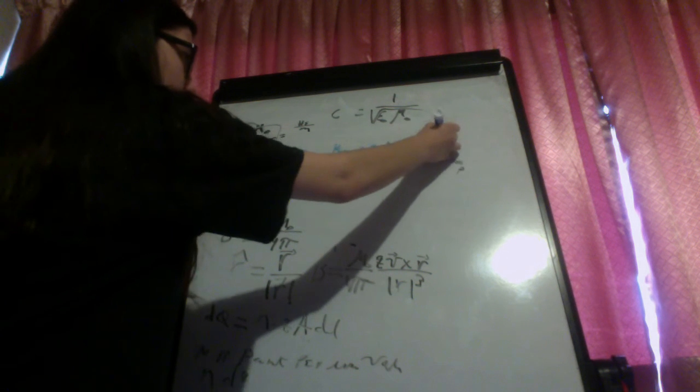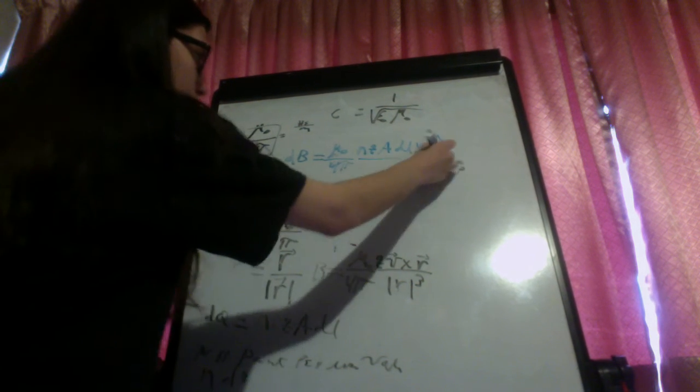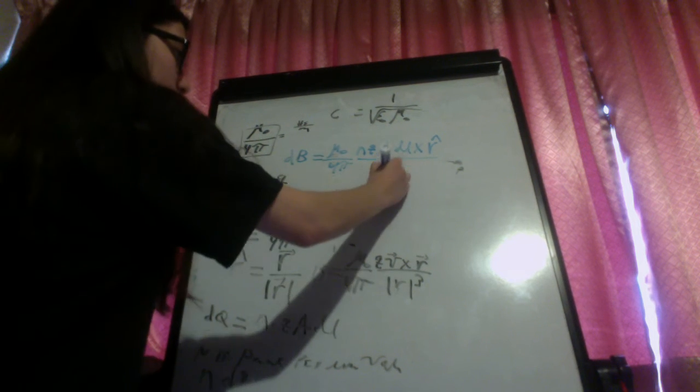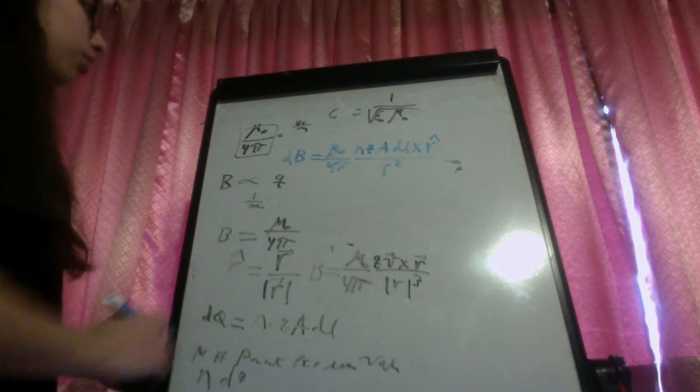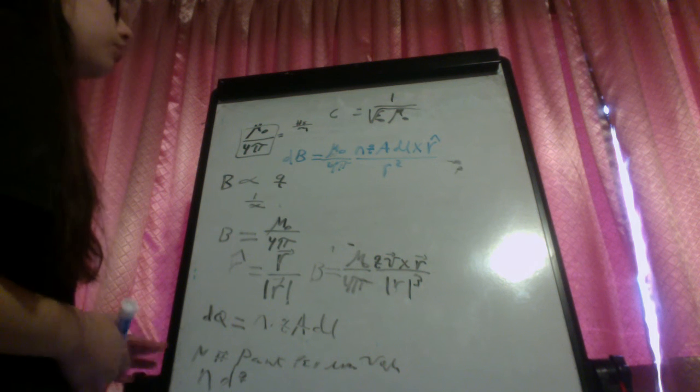I like more the notation of putting a caret here, so do it with the unit vector and here the square of the radius, but you can use whatever you want.